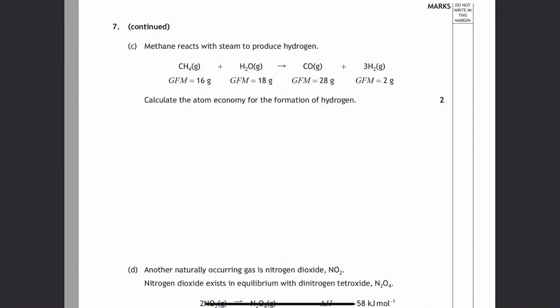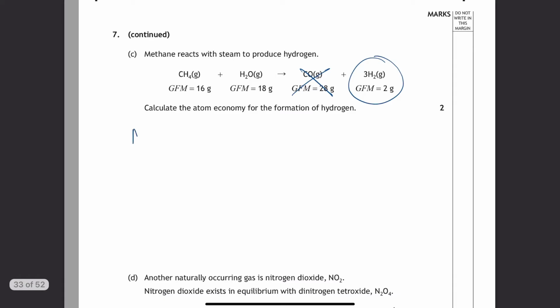Then calculate the atom economy for the formation of hydrogen. So hydrogen is our desired product, which means we don't really care about the carbon monoxide in this case. So the atom economy is the mass of desired products over the total mass of reactants times by 100.